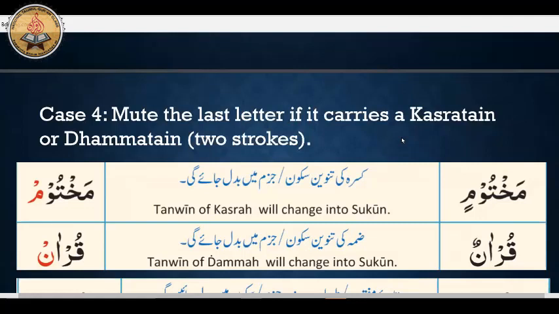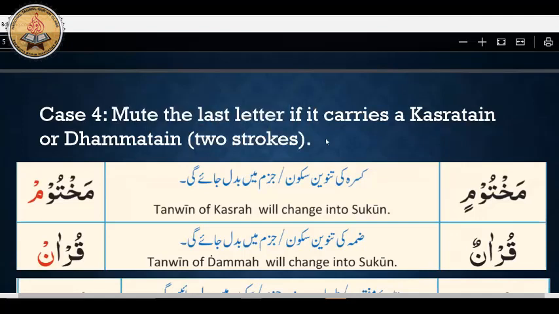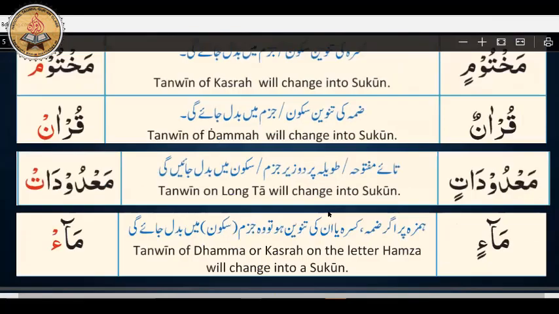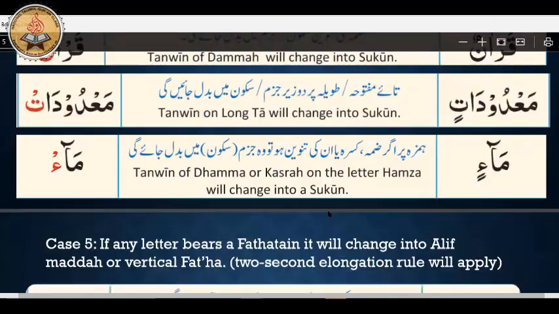I'm not quite sure. Okay, if kasratain and dammatain are here, then the rule to mute the last letter applies to only these two. For fathatain, there must be a different rule, and that's exactly the next case that we're going to do.